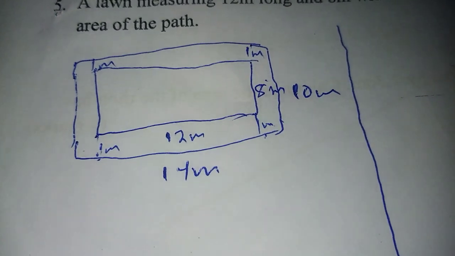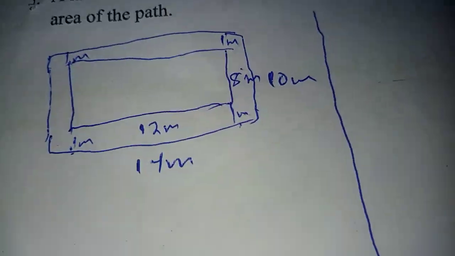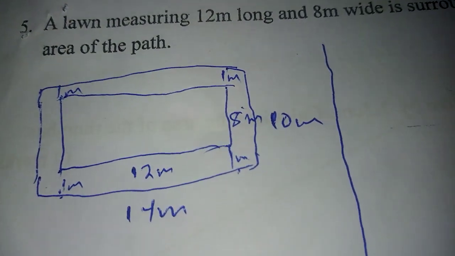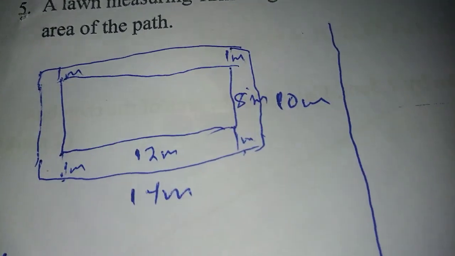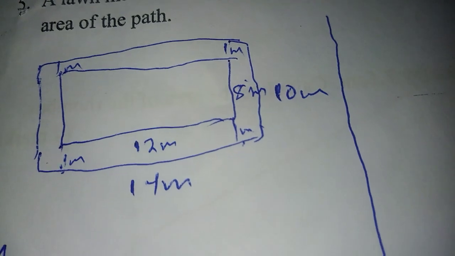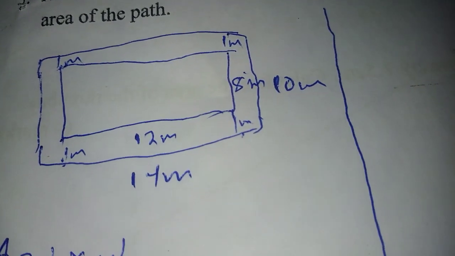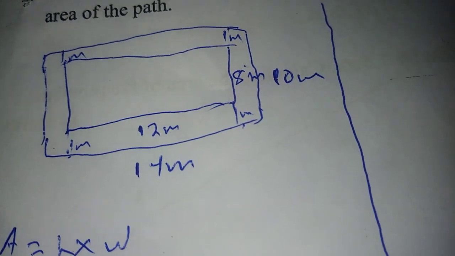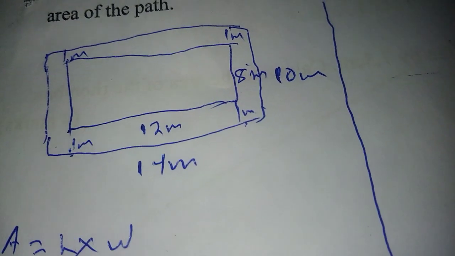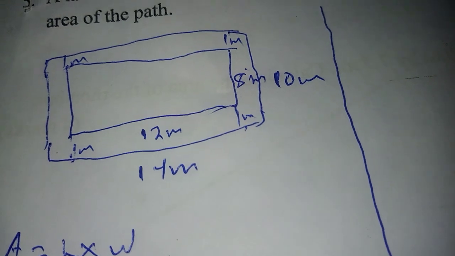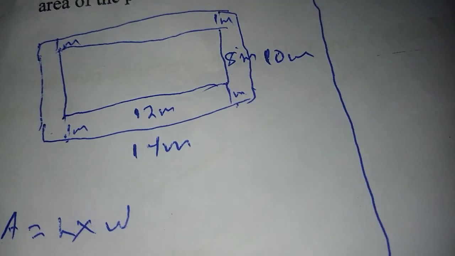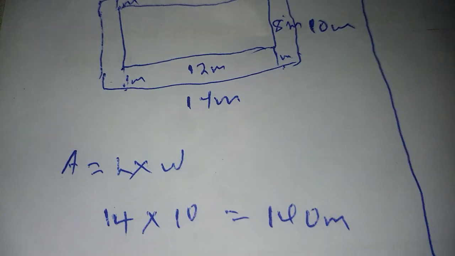For the area of the path, we take the area of the outer rectangle, which is length times width. So it is 14 times 10, that is 140 meters squared.